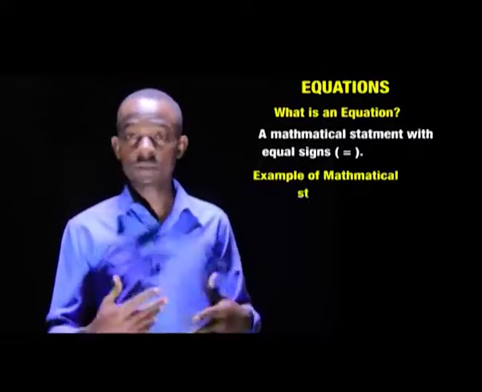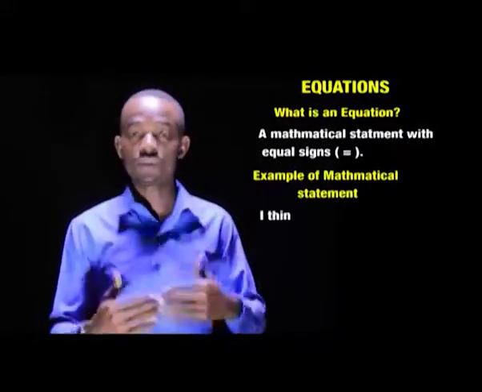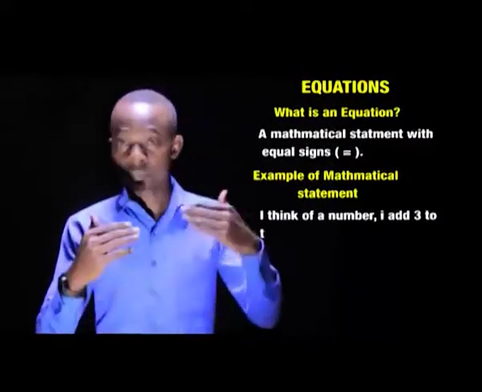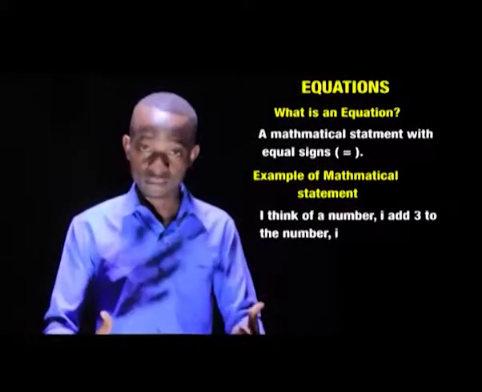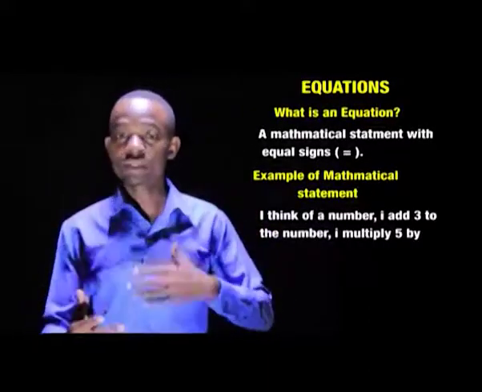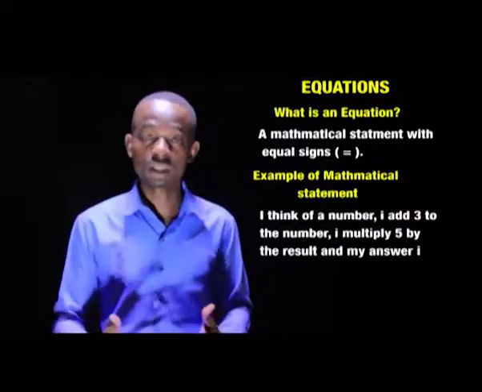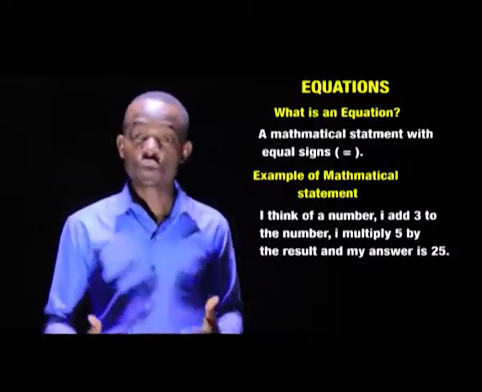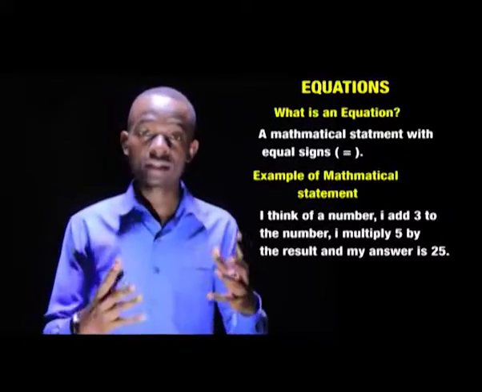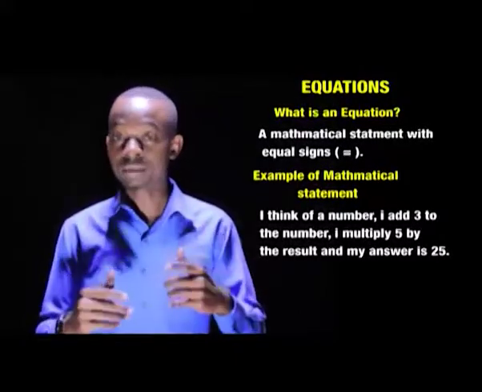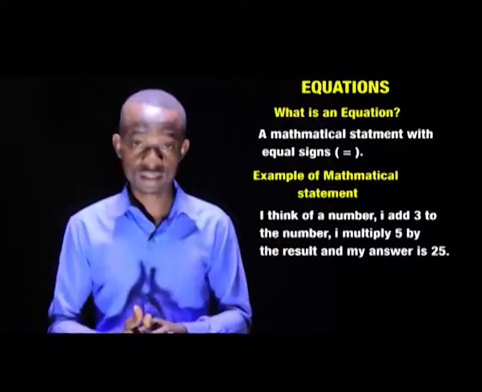So the mathematical statement in this case is, I think of a number, I add 3 to the number, I multiply 5 by the result, and after all that, my answer is going to be 25. So that is a mathematical statement in terms of words.